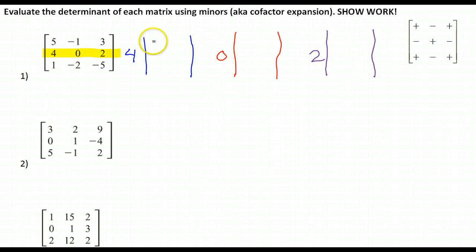Now, before I tell you how to get the matrix that we'll take the determinant of, you have to be careful of the signs of each one of these multipliers. The signs depend on which row you're in. Because we're using this row, these will be the signs: negative, positive, negative. Now remember, when you see negative, you should be thinking opposite of.